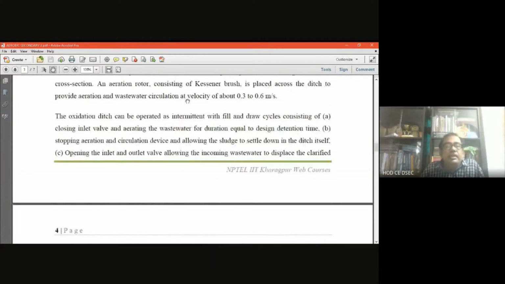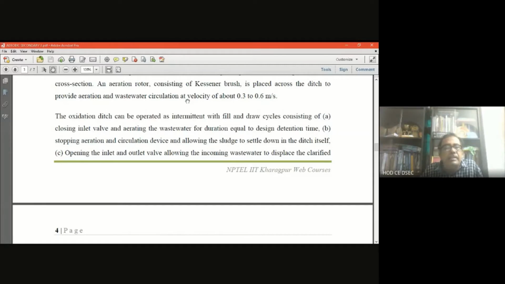The oxidation ditch can be operated as intermittent, with fill and draw cycles consisting of closing the inlet valves and aerating the wastewater for a duration equal to the design detention time. Why is there a closing inlet valve? Because, as we have mentioned, two types of system are there: one is the intermittent flow system and the other is continuous. In the intermittent system, the sludge will not be recirculated back, unlike the continuous mode system.